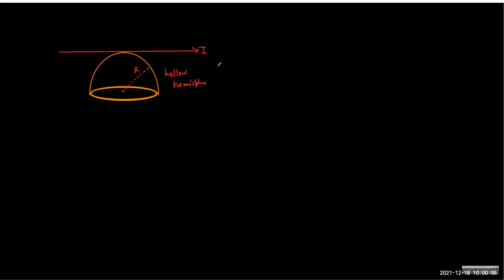So you can find the answer for the axis passing through the base, because the base axis is like a symmetrical axis. If you complete this full sphere, think about it. So I1 is equal to I2.